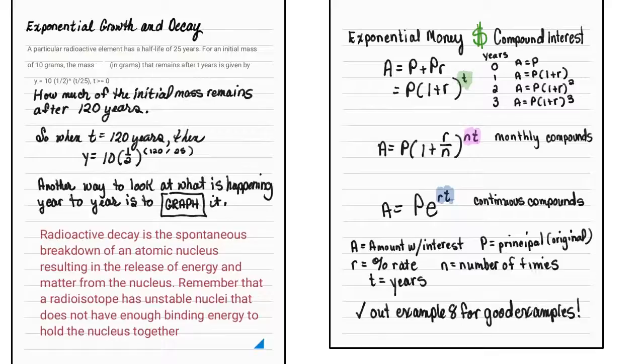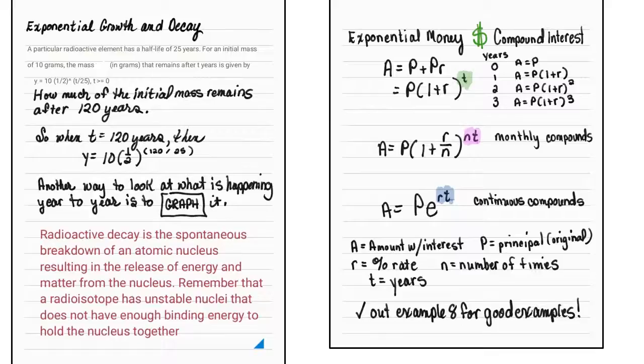Make sure you follow the order of operations. Another way to look at what is happening from year to year is to graph it in the y equals part of your graphing calculator. Take a look at the numbers and see what they're doing.